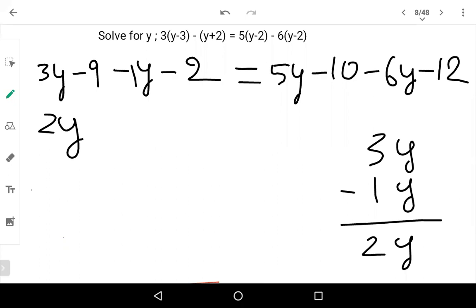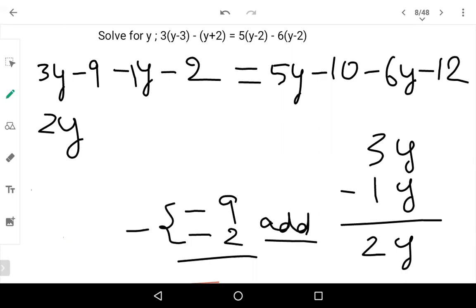Then minus 9 minus 2. I told you when you have minus and minus, you are supposed to add the numbers, but the sign will remain minus only. So it will become 9 plus 2, 11, but the sign will remain as minus.